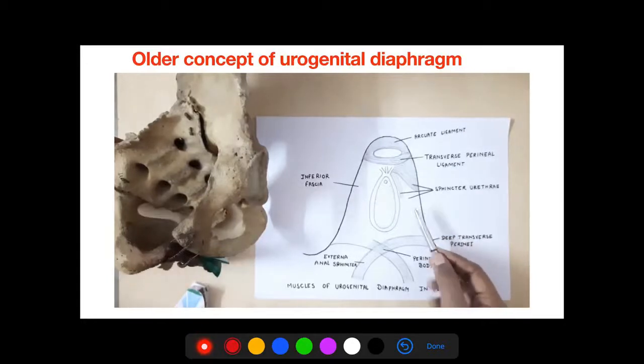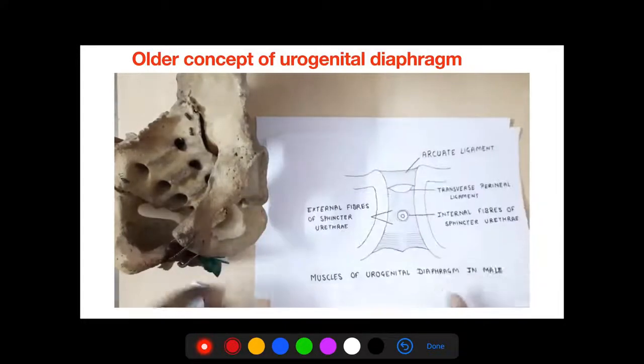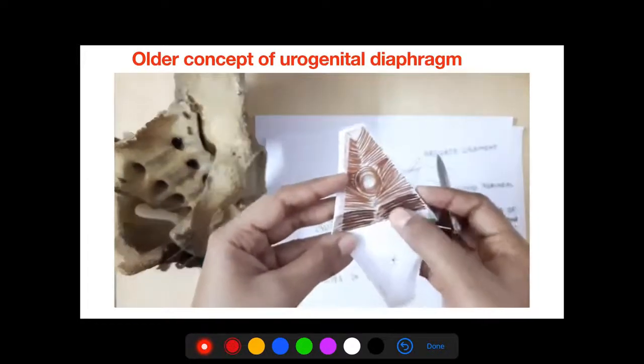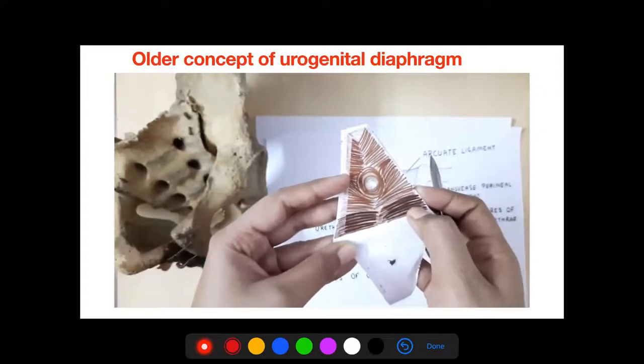Now come to the next muscle, the deep transverse perineal muscle, or we can say transversus perinei profundus muscle. It is also a paired muscle.